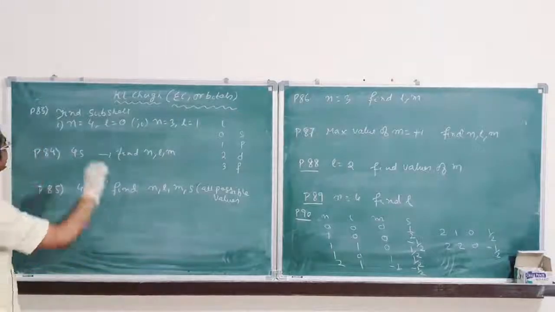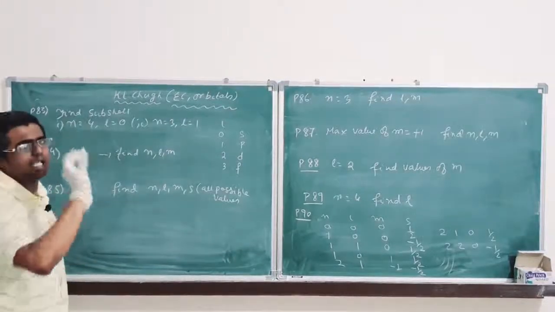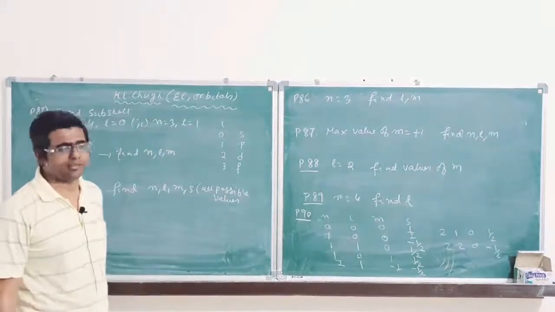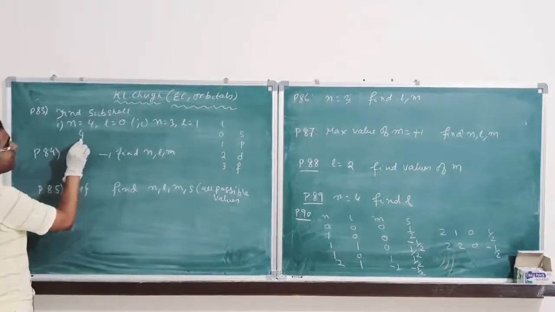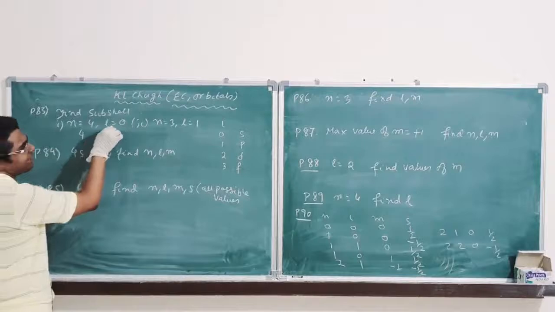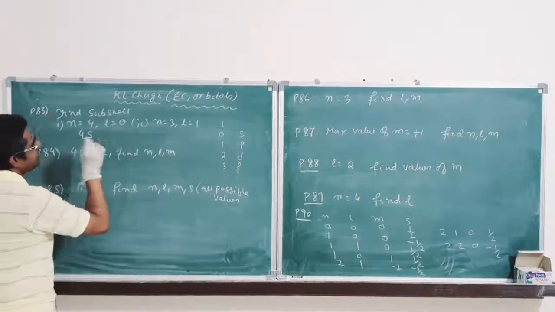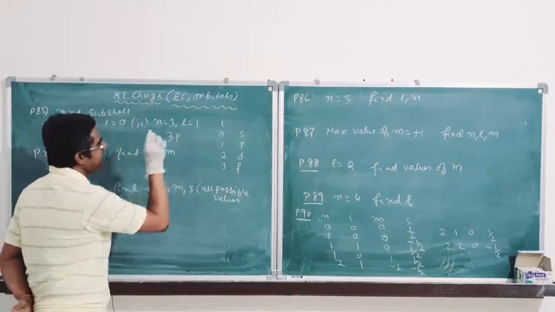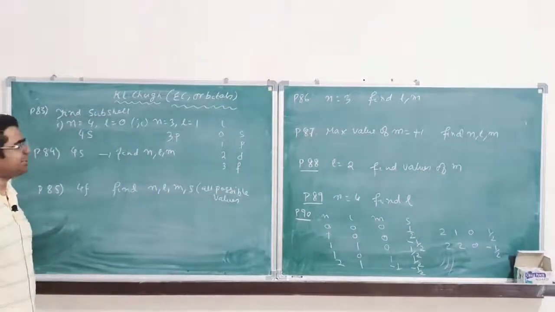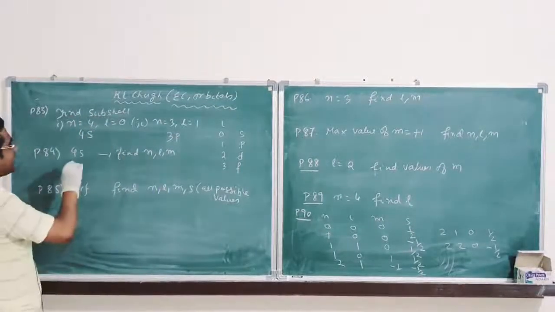And what does N represent? That is the shell number, the number of orbits. So this should be 4, the number of the orbit, and then the subshell, that is S. In this case it will be 3 and then 1 means P. Clear guys? Very easy.